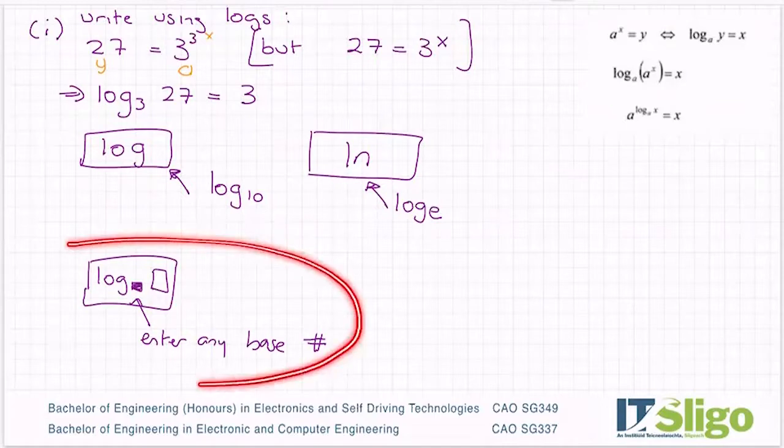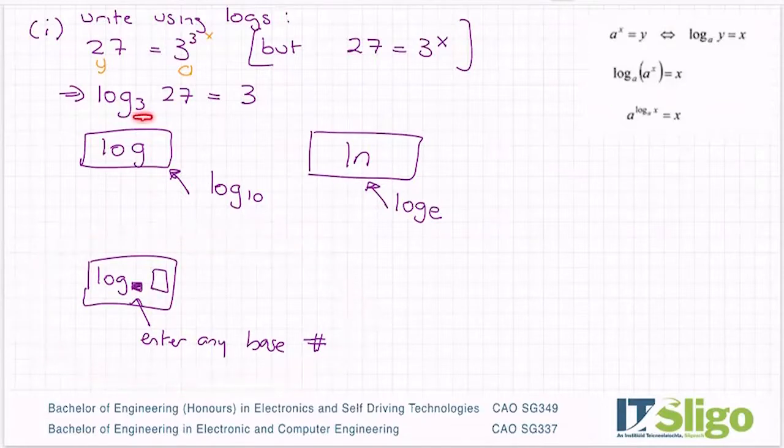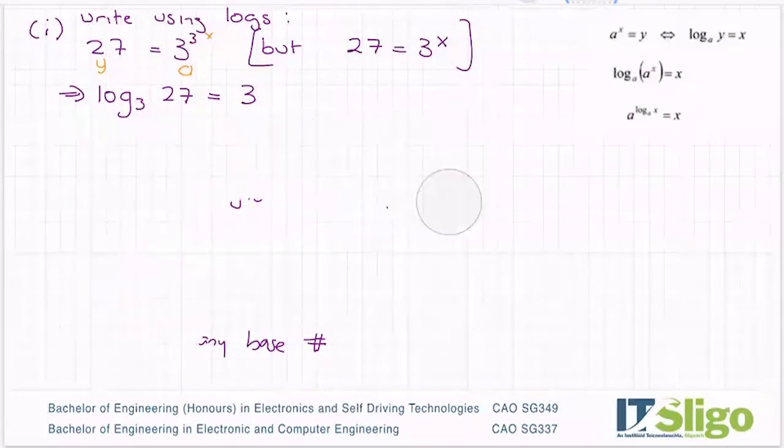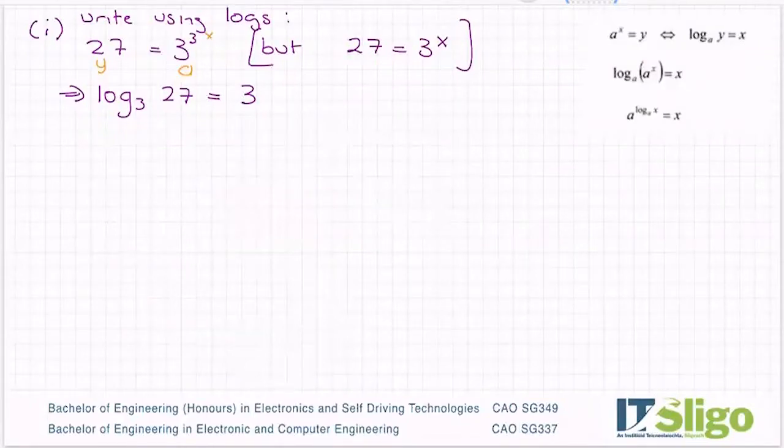So that's the one you need to use if you've got a base number other than 10 or E. Really important, that is the only one that allows you to put in your own base number. To try that, put in 3 as the base number, put in 27, and you should get the answer 3, like we did here. Sorry, wrong button. That one.